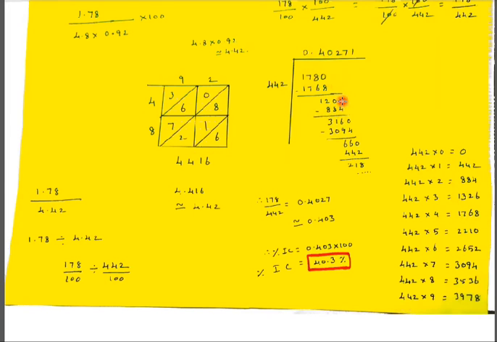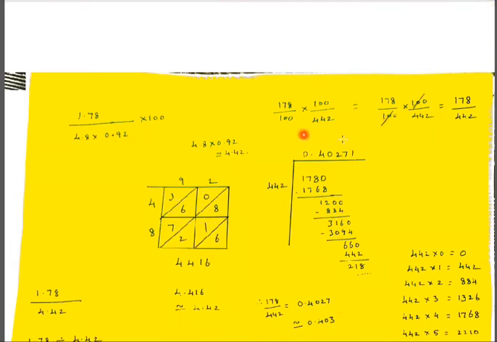Subtract, and the remainder is 12, so add a 0. The next value below is 884, 2 times. Subtracting and adding another 0, the value below is 3094, 7 times. If you do this quickly, we get the answer: 178 by 442 equals 0.4027.